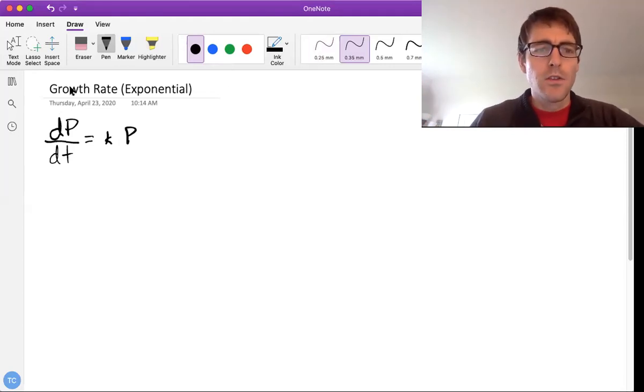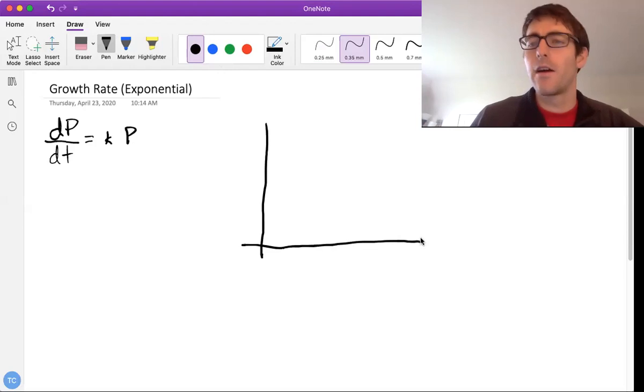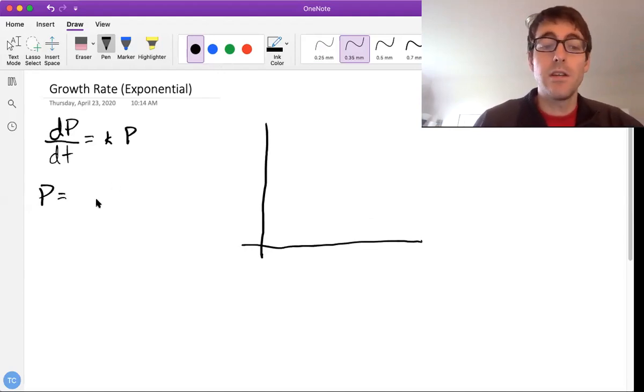Okay, so what we want to talk about is what exactly this looks like, or another couple of properties of the solutions to this. As we've seen before with our differential equation solving, the general solution to what P should be is some initial constant times e to the kt.